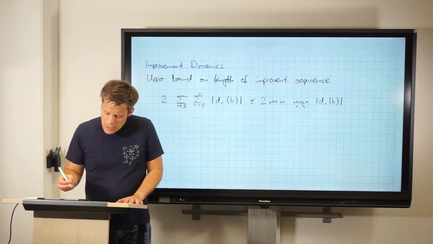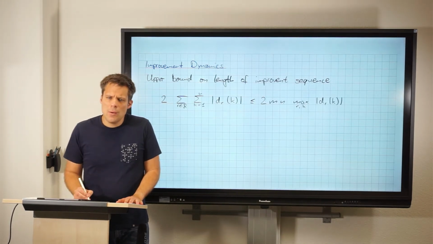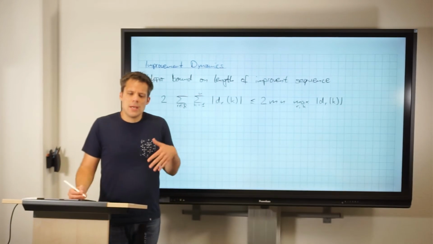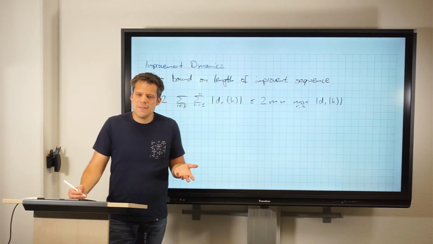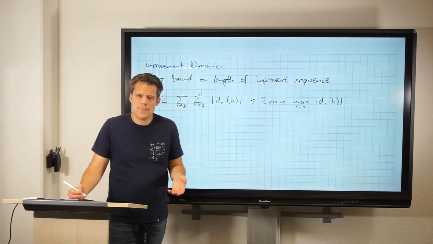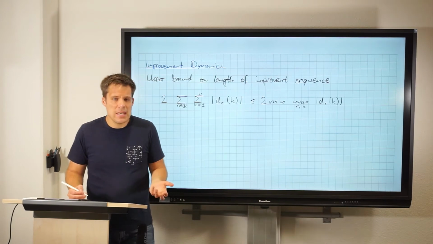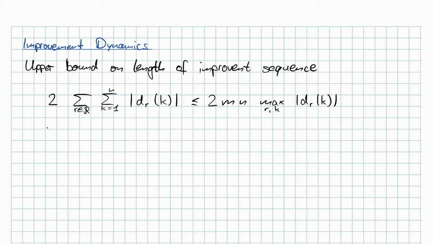There is another upper bound that we can use. What do we know? Well, we know that any improvement sequence is finite, and an upper bound on the length of an improvement sequence is that it cannot see any state twice. So the number of states is also an upper bound. And how could we write this?